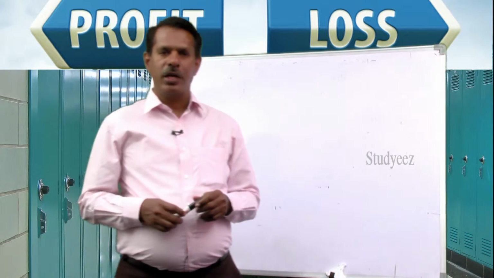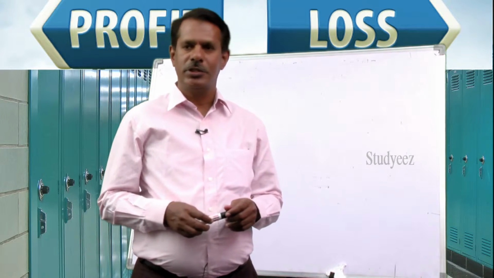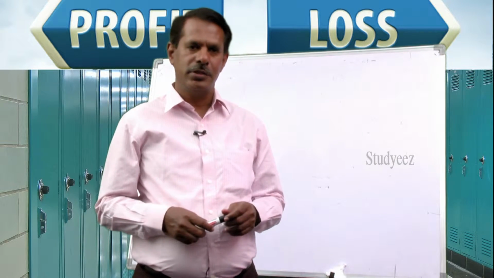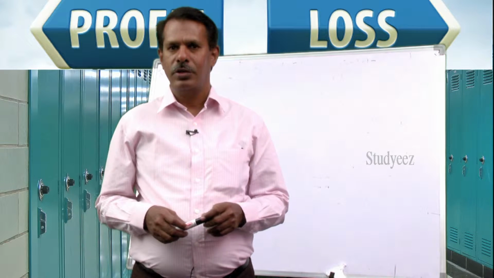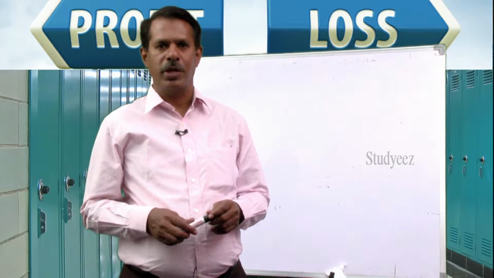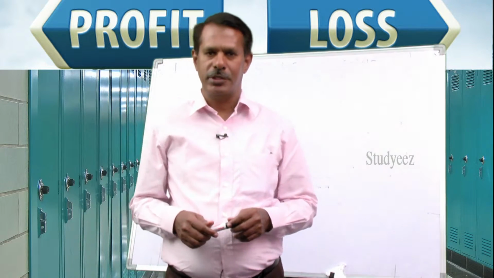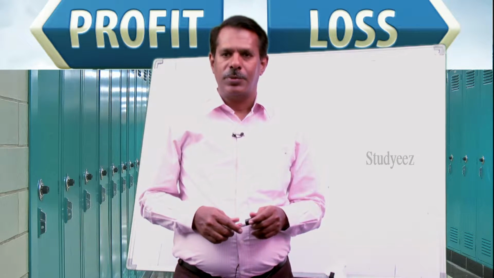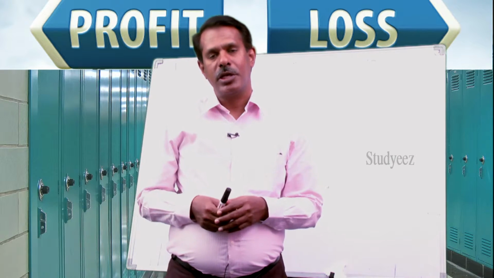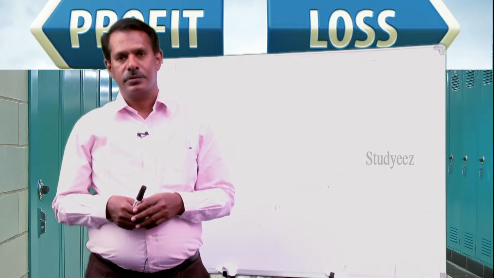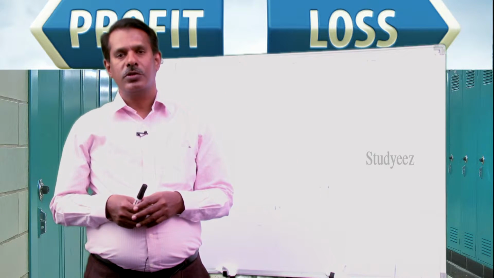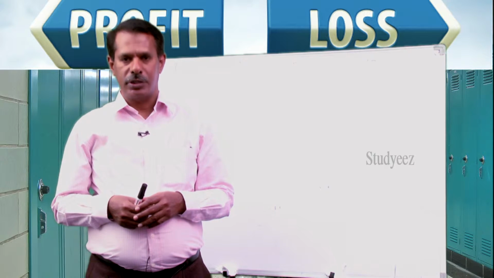Suppose say you are maintaining a house, what are the expenses you got to incur on a monthly basis? You got to pay rents, you got to pay for your food, you got to pay for your tuition for your children, and there are other miscellaneous expenses. Suppose a total expenses for a month comes to around 30,000. So therefore, your earnings also should be at least minimum of 30,000.